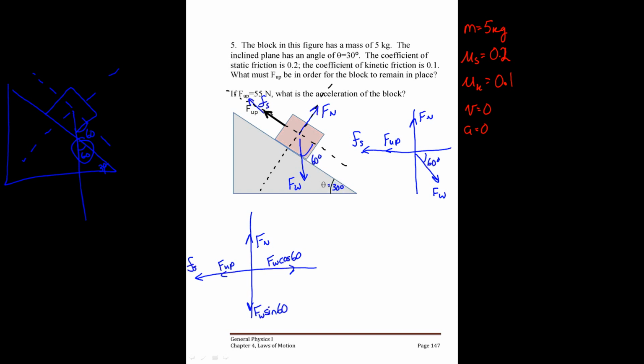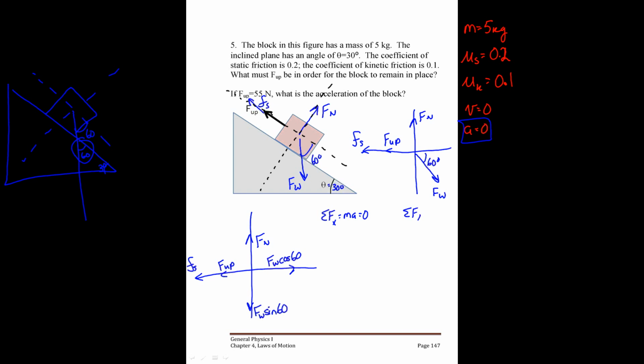Now, I can apply Newton's second law. Sum of the forces equals ma, but I'm going to do it both in the x and the y direction. So I always like to just write out the equations, right? So I say sum of the forces in the x direction equals mass times acceleration. But in this case, I know that my acceleration is equal to 0, so it's just equal to 0.